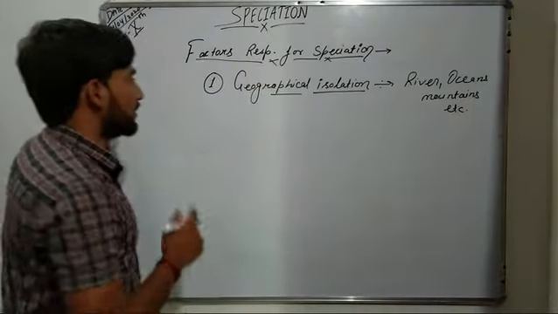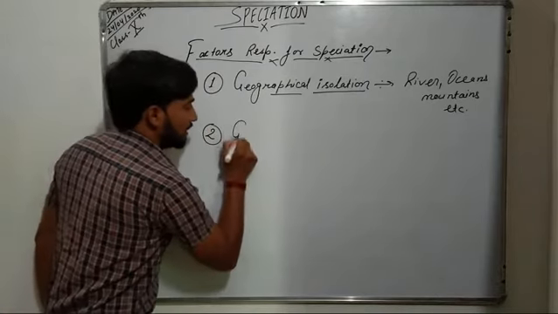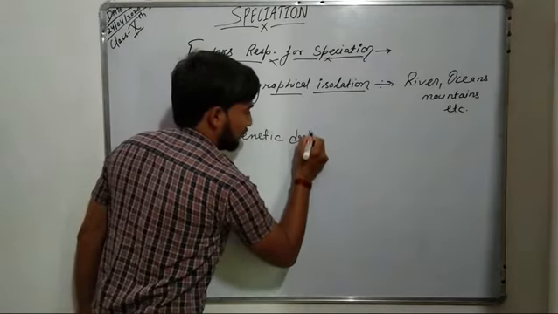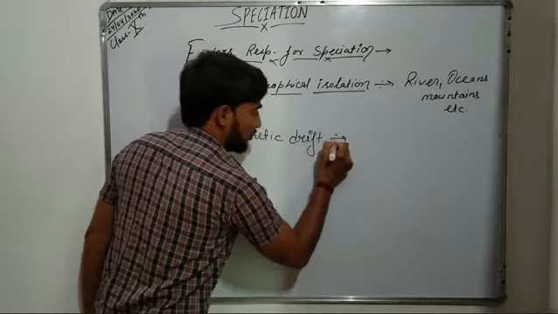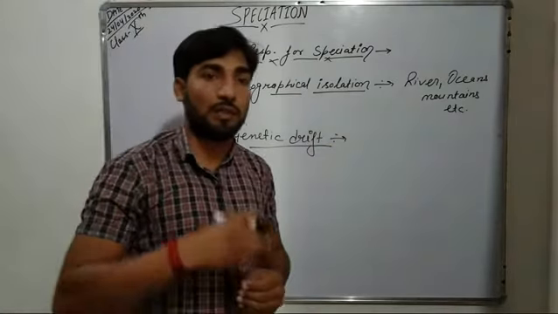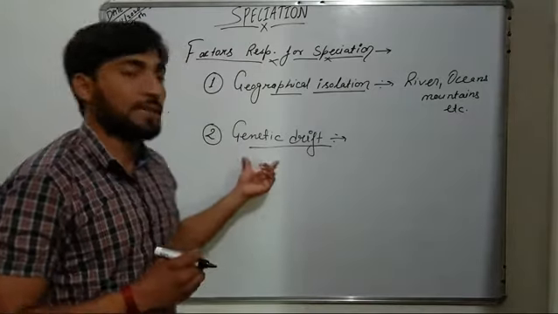The second factor which is responsible for speciation is genetic drift. What is this genetic drift? When large changes or variations occur in the frequencies of some genes, then we call that genetic drift.